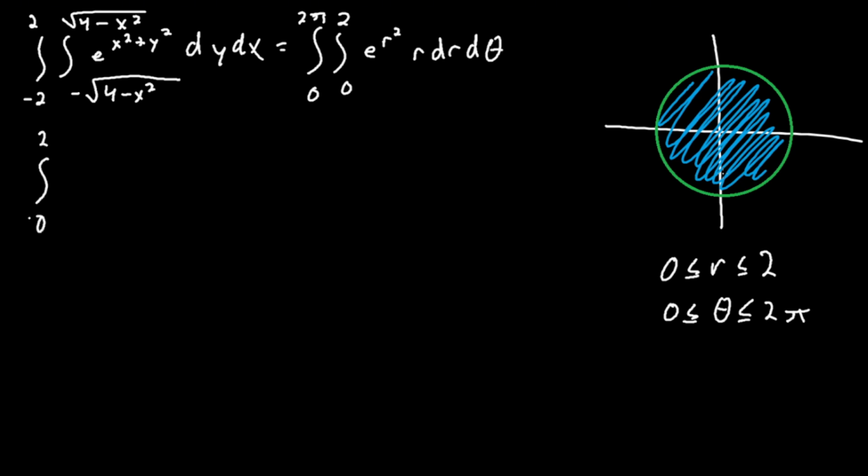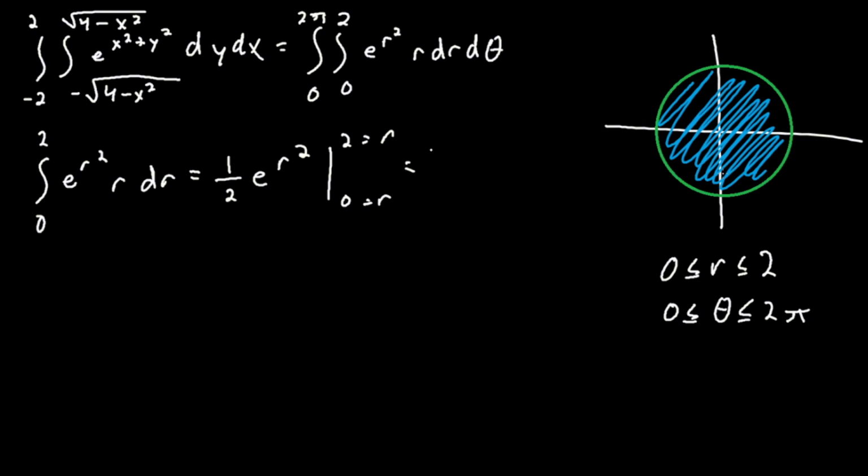If we integrate from 0 to 2 of e to the power of r squared times r of dr, you can use u sub to find this integral, but I'm not going to spend my time on that. And then the integral of this is 1/2 e to the power of r to the power of 2 from 0 to 2.